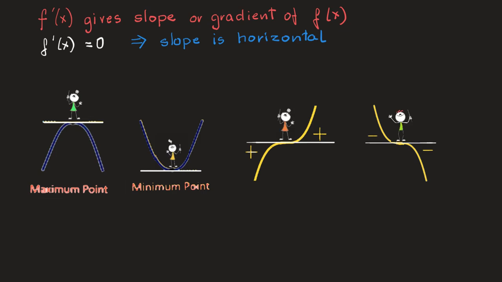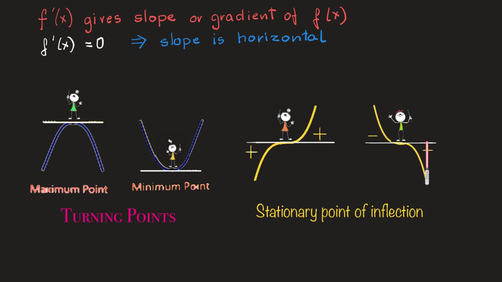But unlike the first two, which are just called turning points, these two curves have a stationary point of inflection. And at the stationary point of inflection, the horizontal line goes through the curve.